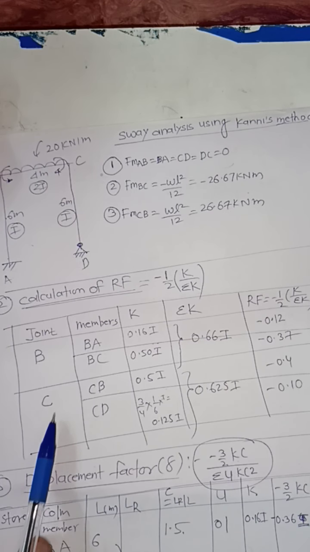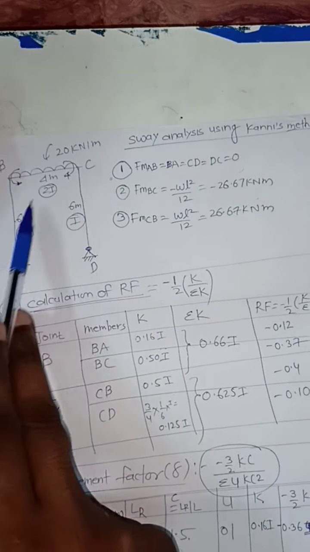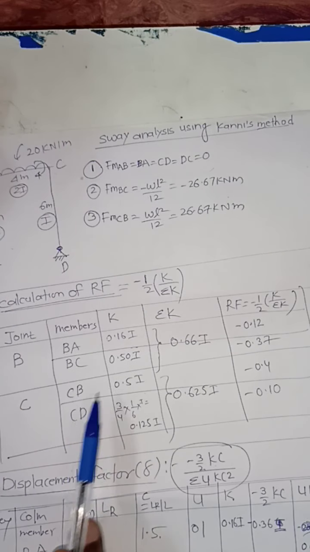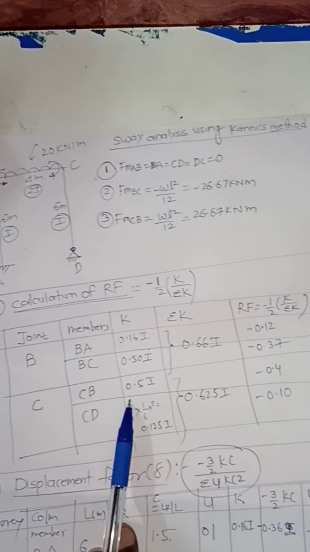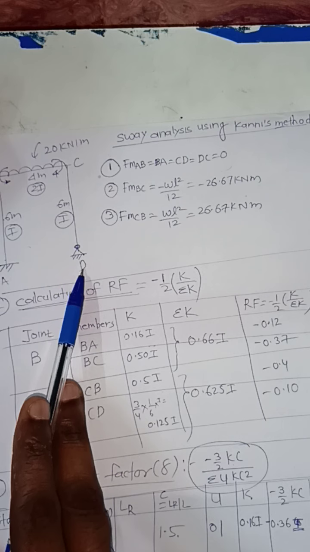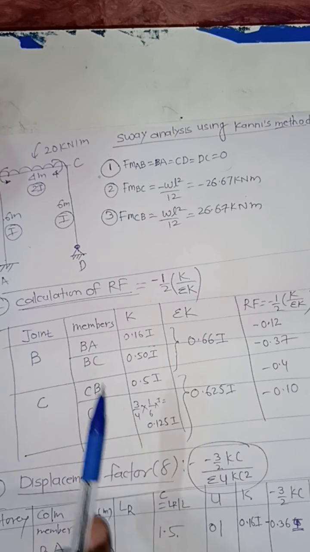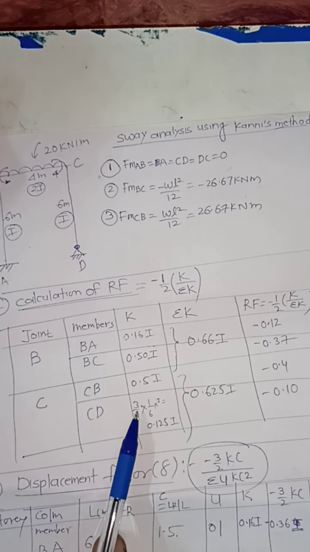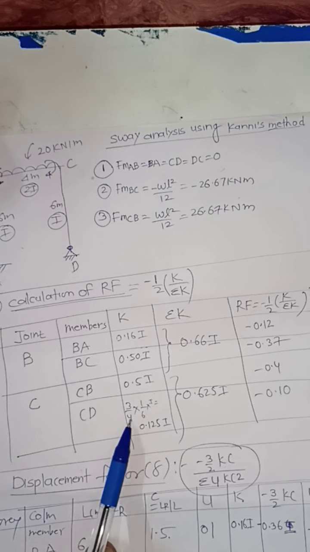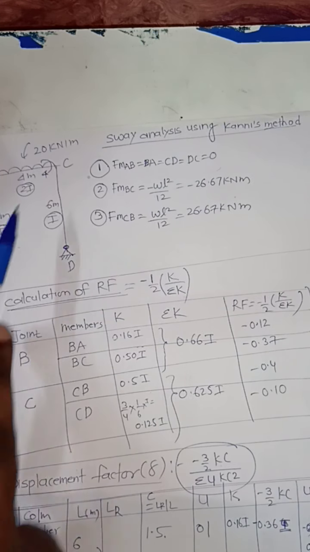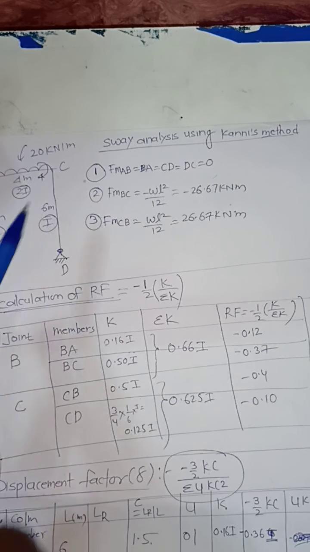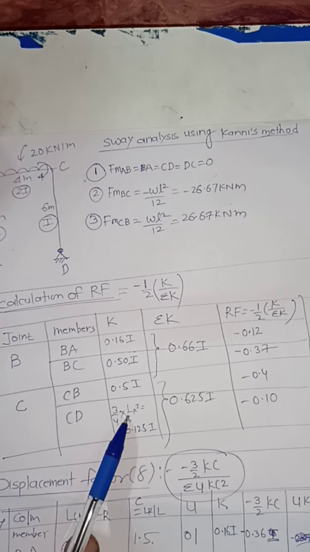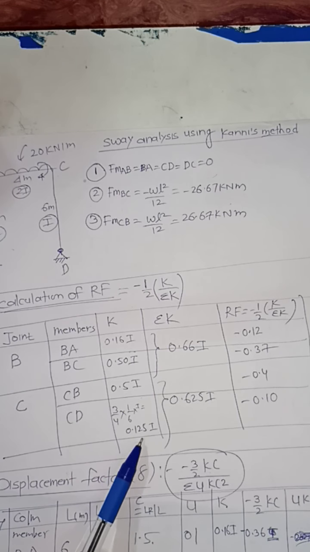Similarly, for C, two members are connected, CB and CD. For CB, it is 0.5 I. Now for CD, D is a hinge support, therefore the K value will be equal to 3 by 4 I by L, that is 3 by 4 into I by 6, which is equal to 0.125.